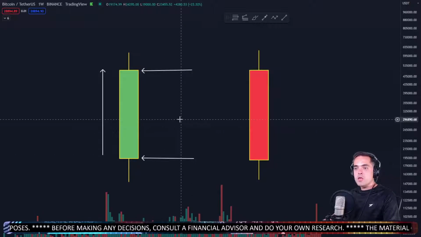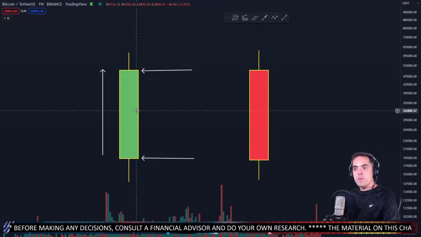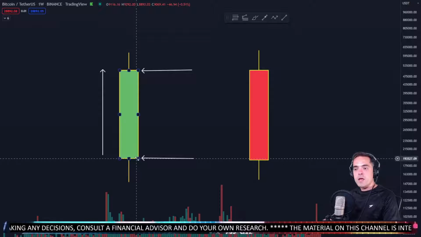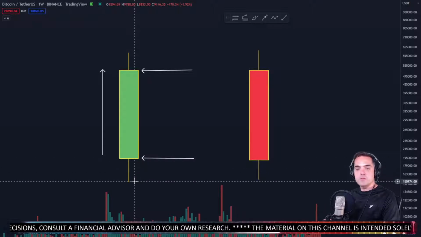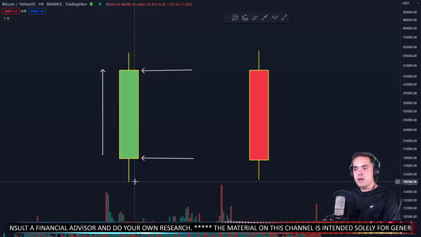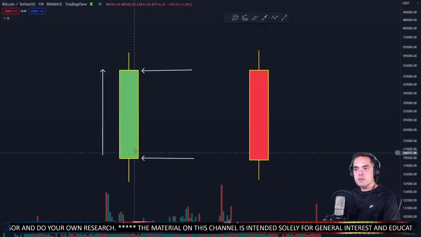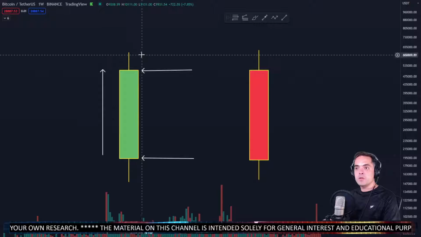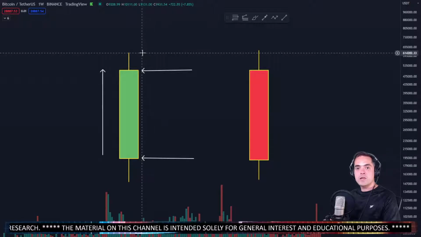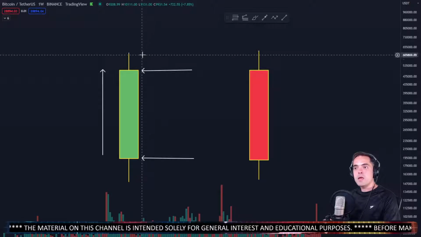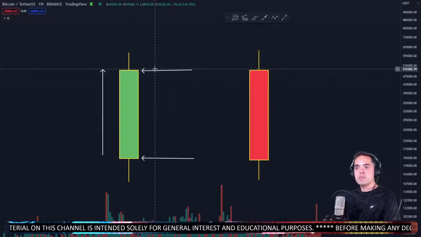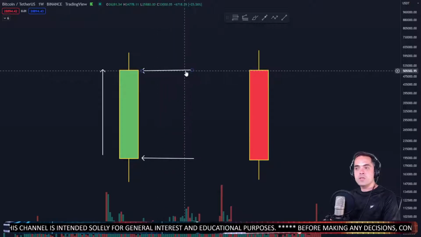So you got the idea, right? The market opened here, and sometime in that day moved to the minimum price for that day, and sometime moved to the peak of that day, the highest price for that day, and then moved back to a certain level, the close level.